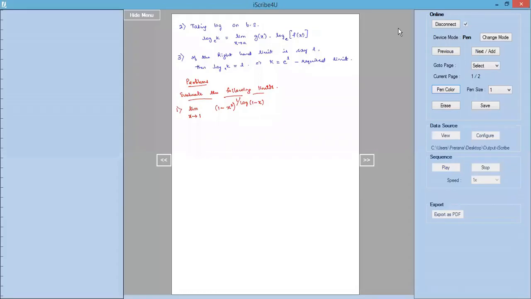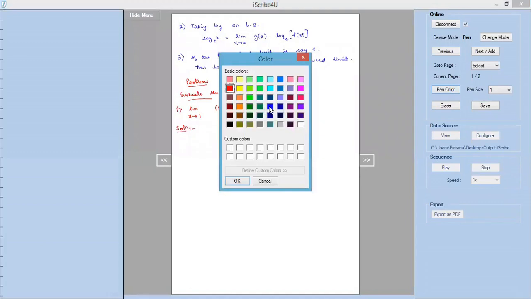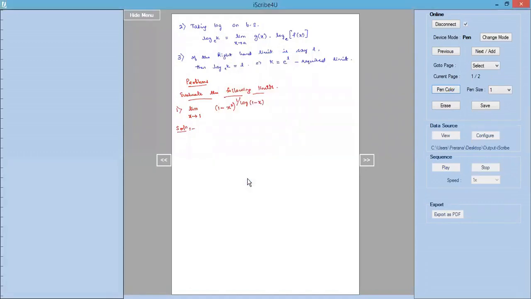So very firstly we will assume the given limit as say k. Assuming the given limit as k, let k be equal to limit as x tends to 1, (1 minus x square) the whole power 1 divided by log of (1 minus x).